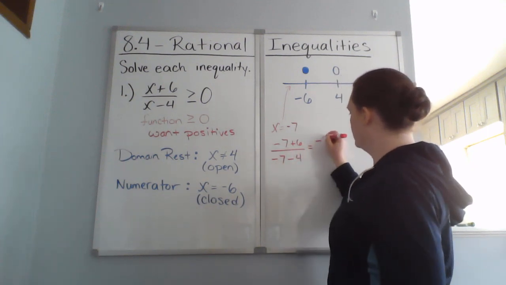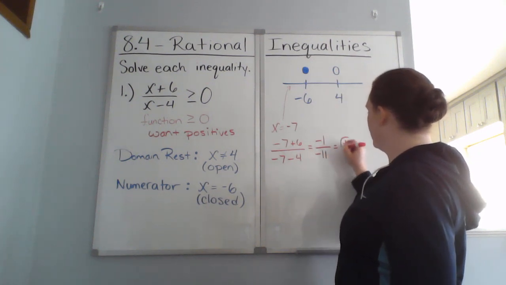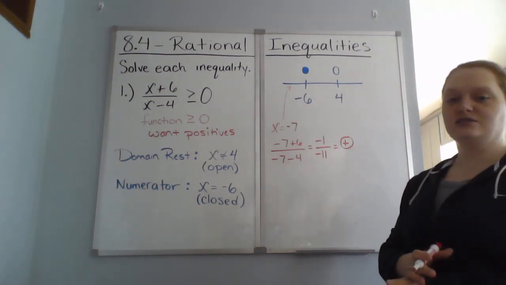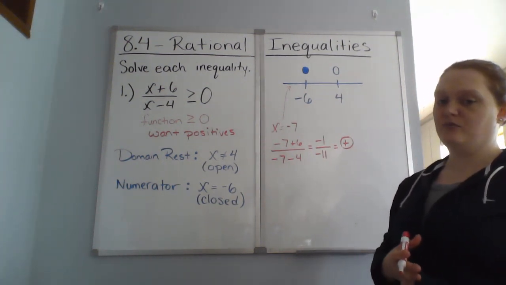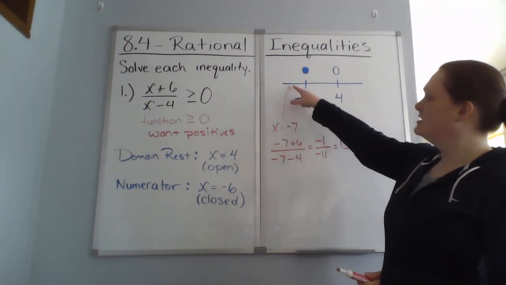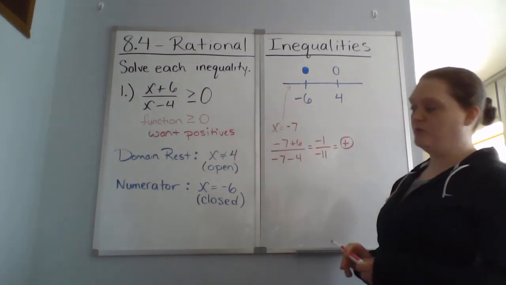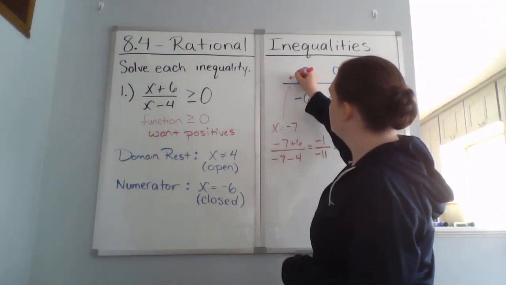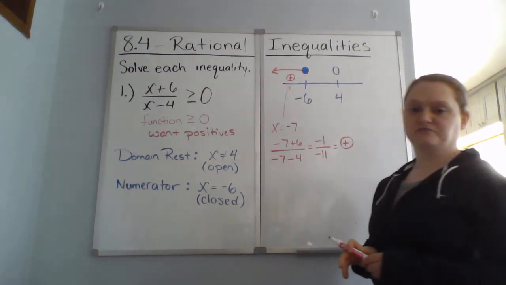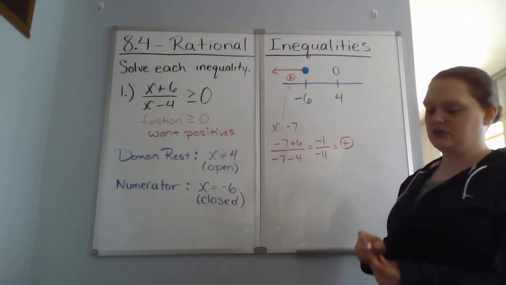That gives me negative 1 over negative 11, which is a positive value. Keep in mind, the actual number itself is not important. I just need to know, is that number positive or negative? We said that we wanted positives, so if x equals negative 7 is positive, all the numbers in that interval will work. So we keep that as a solution. All the numbers smaller than negative 6 will work, including negative 6.